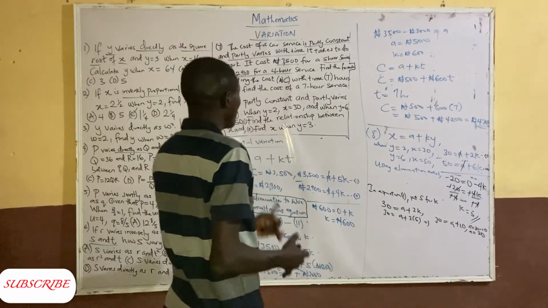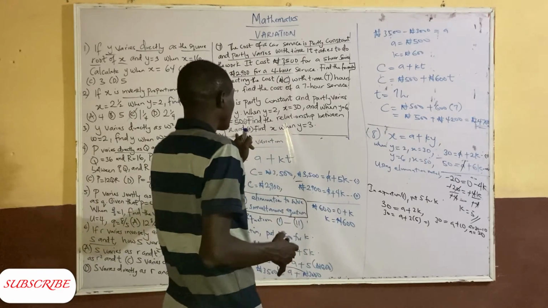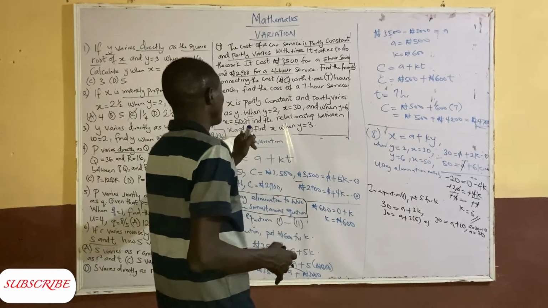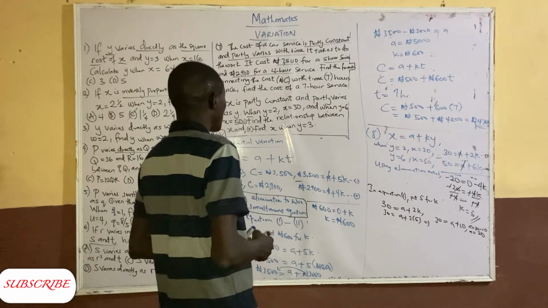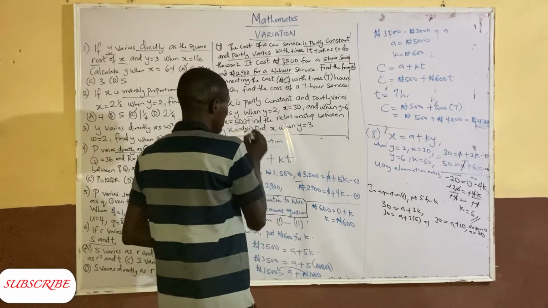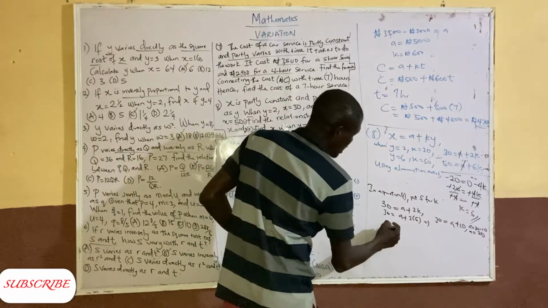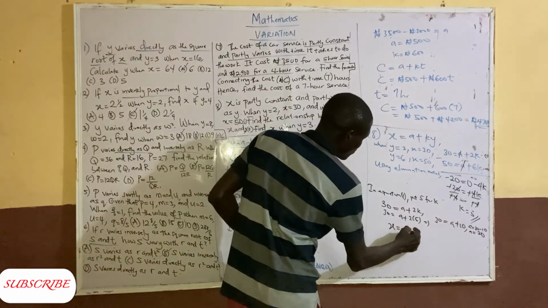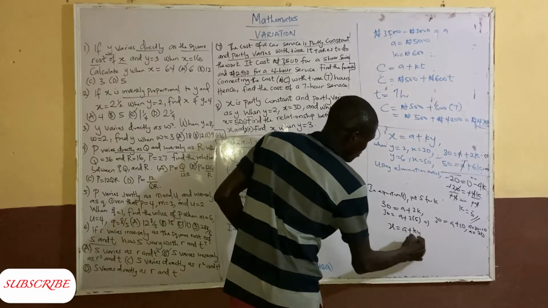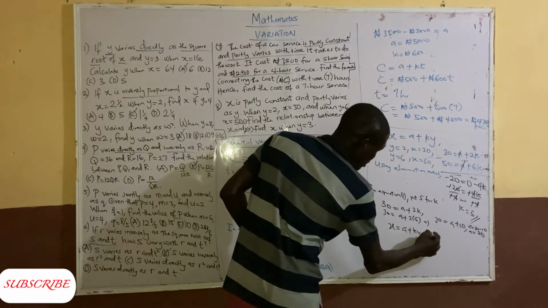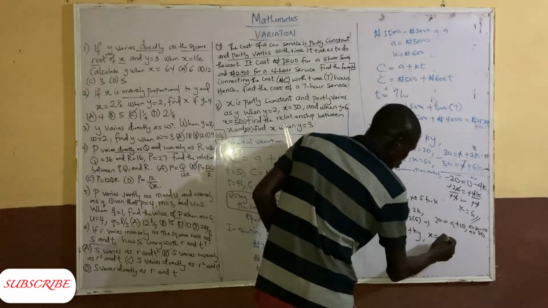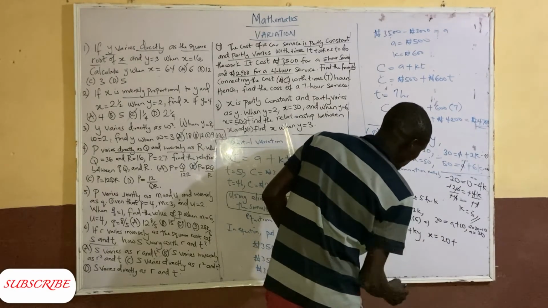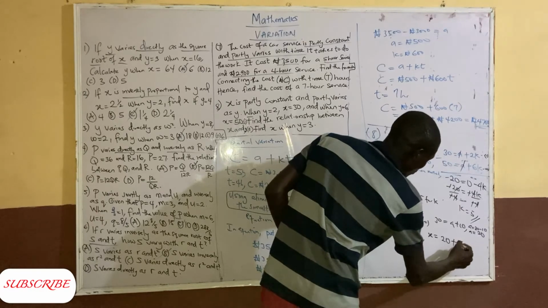So let's now look for the relationship between X and Y. We have X is equal to A plus KY. So X equals A is 20 plus K which is 5Y.